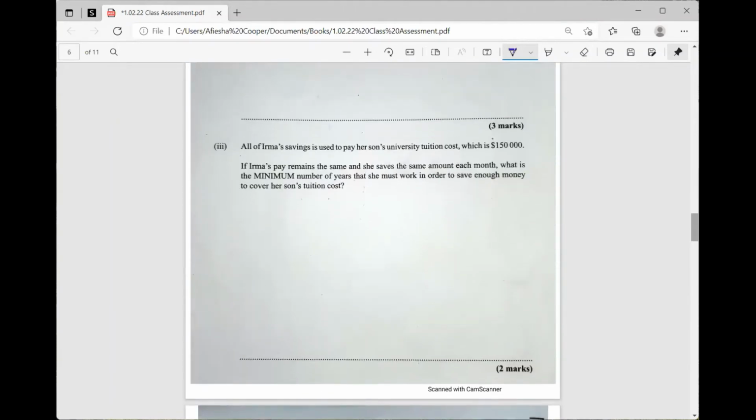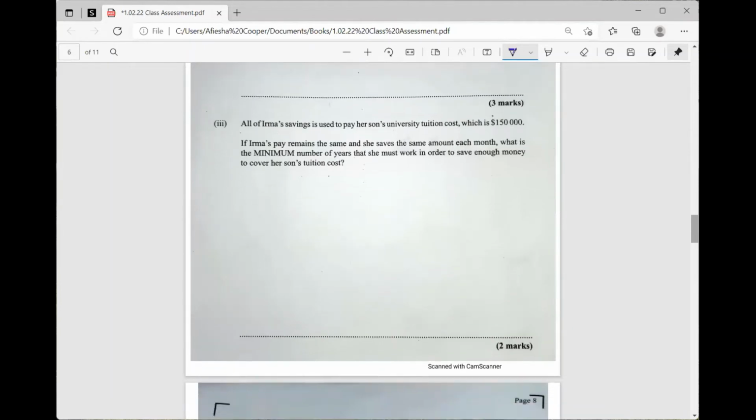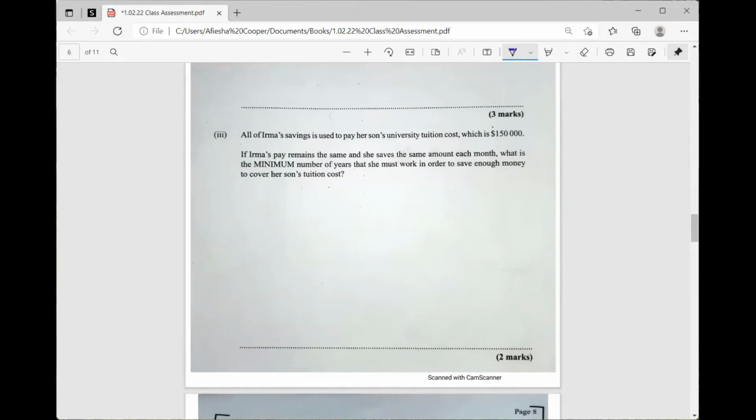All of Irma's savings is used to pay her son's university tuition. So she really loves her son and she's using all of her savings to pay his university tuition, which is $150,000. If Irma's pay remains the same and she saves the same amount each month, what is the minimum number of years that she must work in order to save enough money?